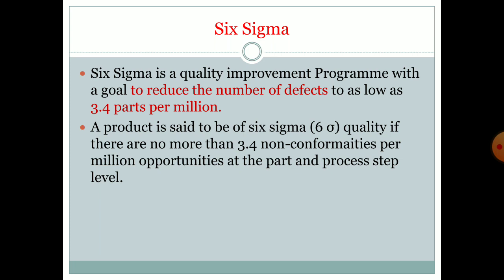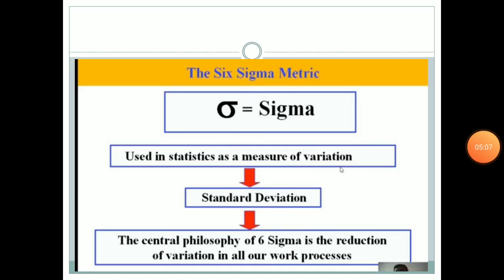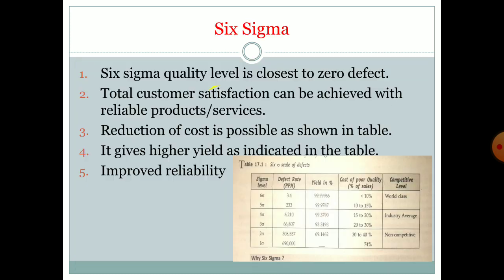Here we can only accommodate non-conformity of up to 3.4 out of 10 lakh products. In the Six Sigma process, the notation is sigma, and the meaning of the sigma notation is to measure the variation. In statistics, this term is used to measure the variation, and it is also called the standard deviation. So we use the notation sigma.